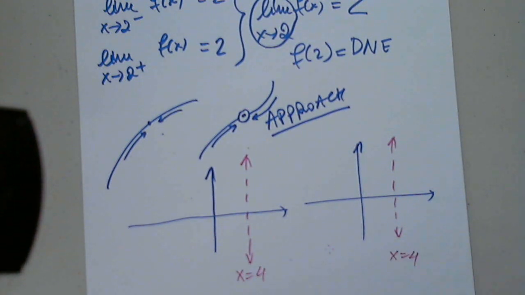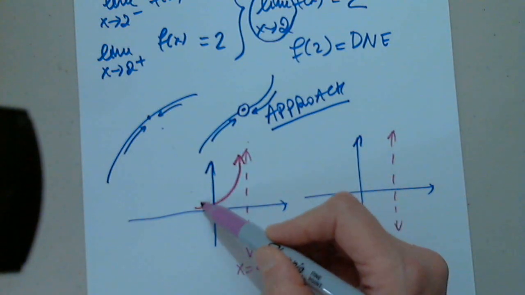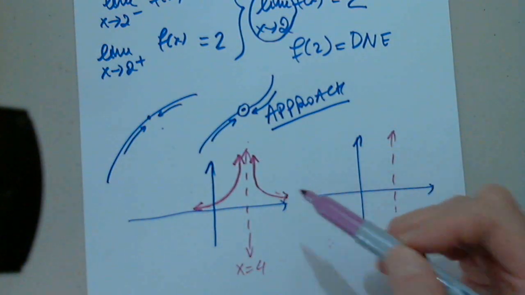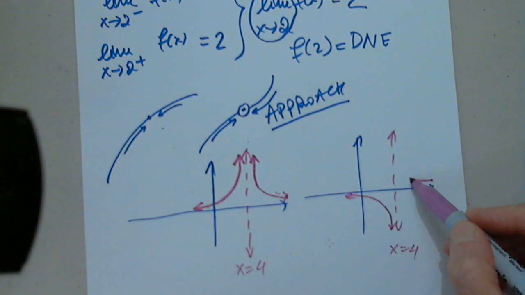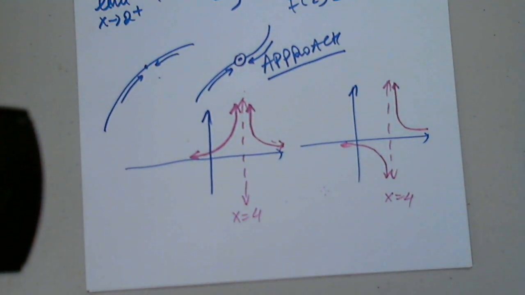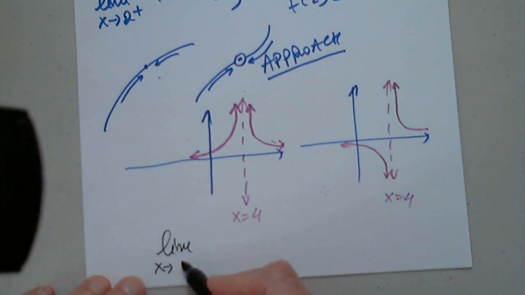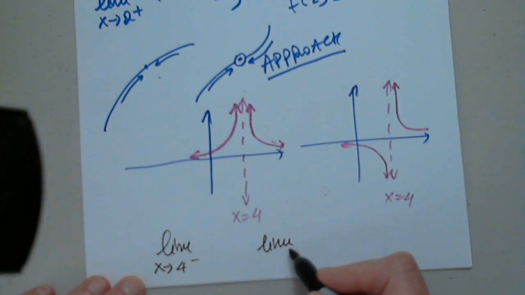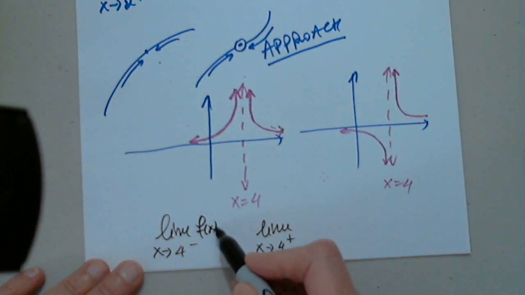Now, I may have this situation of a function, or I may have this situation. So let's analyze this for a moment. The limit as x approaches 4 from the left for this one, and then the limit as x approaches 4 from the right of this function.